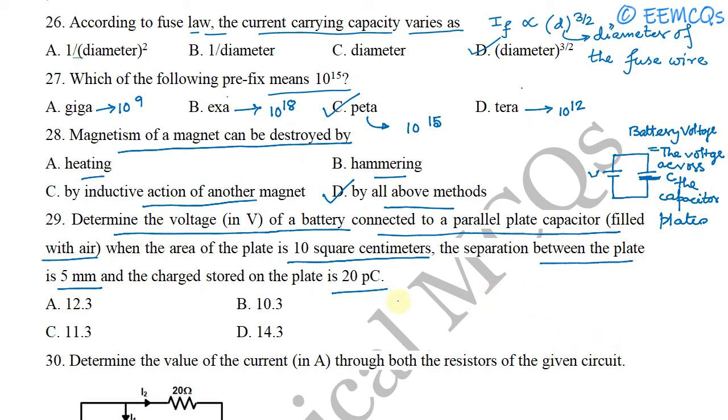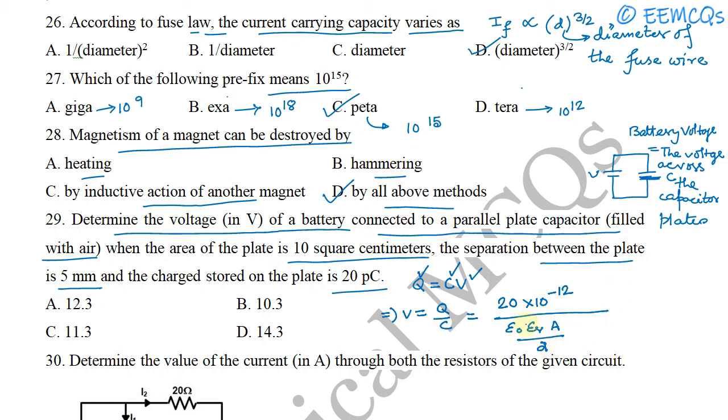Okay, so for that what we need to know? Q is equal to C into V, where C is the capacitance of the capacitor, Q is the charge stored in the capacitor, and V is the potential across the capacitor. So V is equal to Q by C. Now here Q is given to be as 20 picocoulomb, that is 20 into 10 to the power minus 12, and C, or here the capacitance of the parallel plate capacitor, given by epsilon 0 into epsilon R into A by D. A is the area of the capacitor plates and D is the distance between two plates of the capacitor.